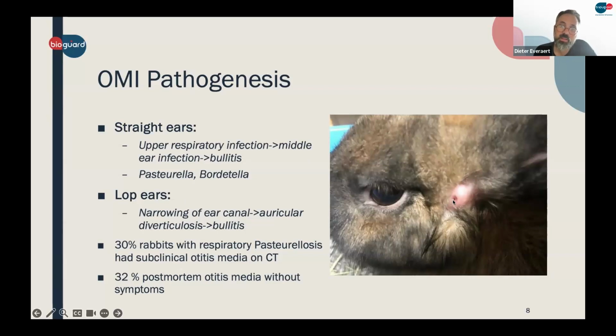This one has already been opened once, but the opening was not big enough, so it closed again. So that's a good piece of advice if you open up an auricular diverticulosis: open it as big as possible because it really shrinks.